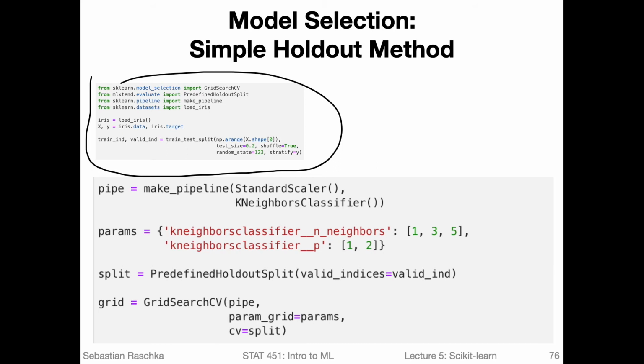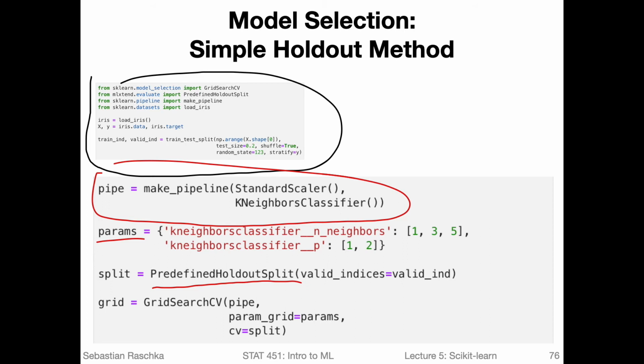Now let's get to the pipeline part. We have make_pipeline here, which returns the pipeline. Then we define a parameter grid that we want to consider. This is for the grid search, the hyperparameter search or tuning. And we then provide the indices to the predefined holdout split method, which is just the way for splitting the data in the grid search.